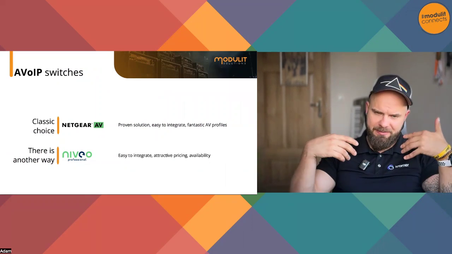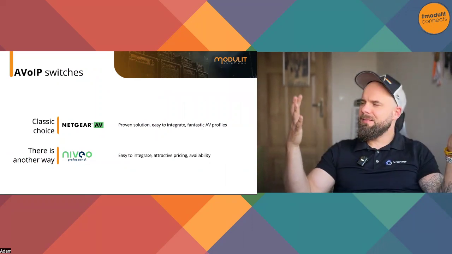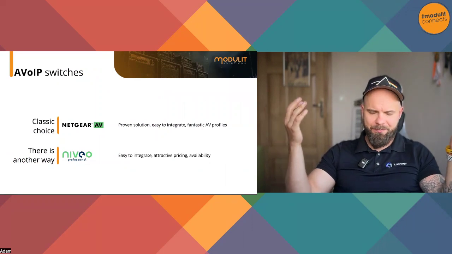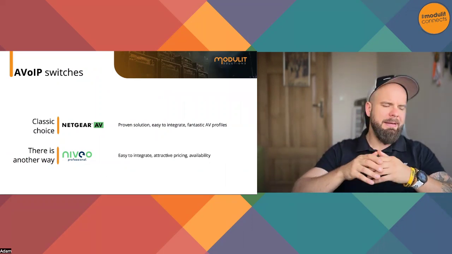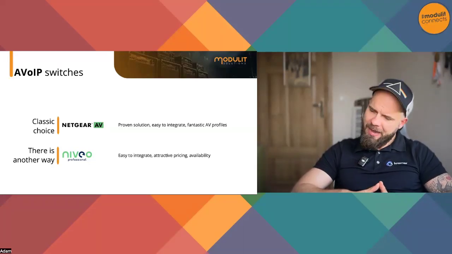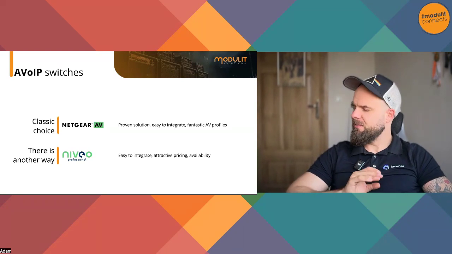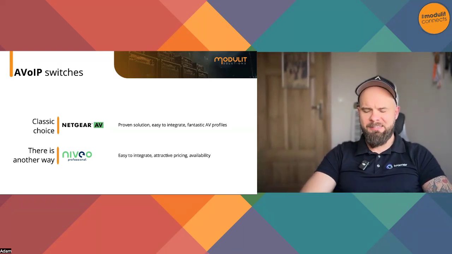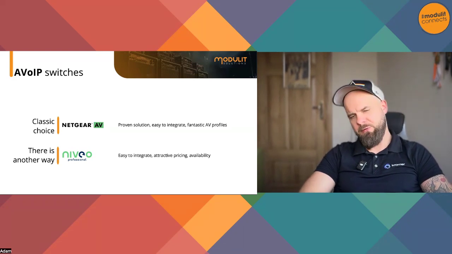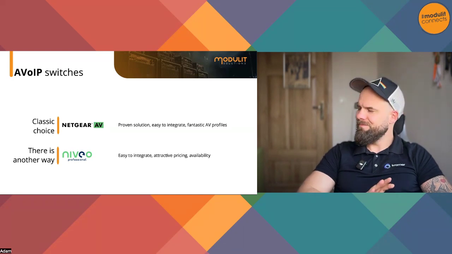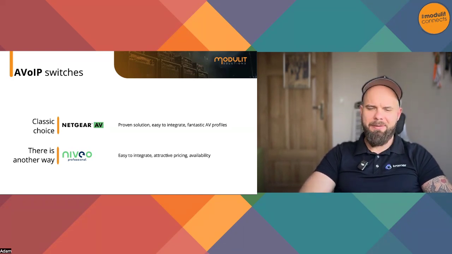You can go the classic way, and by the classic way I mean Netgear equipment. We have Netgear in our offer, and it's a proven solution, easy to integrate, mostly because of the fantastic AV profiles it offers. So the integration is very easy.